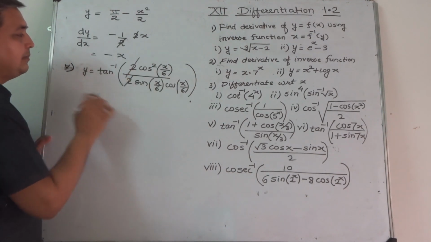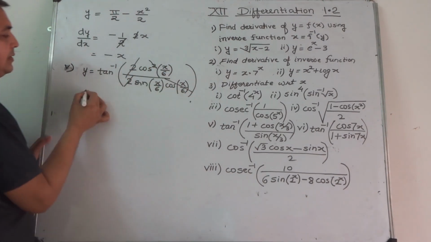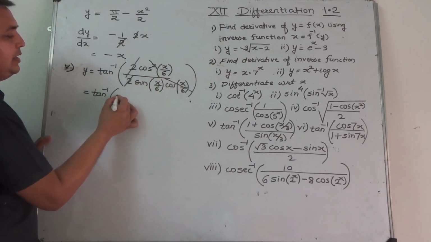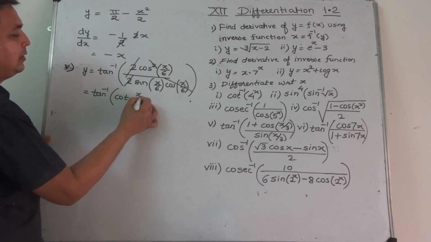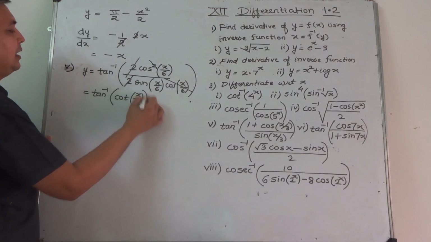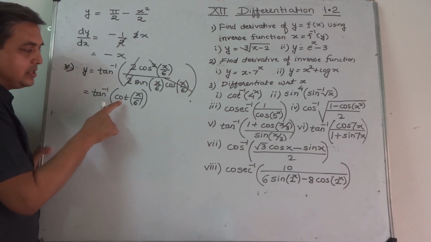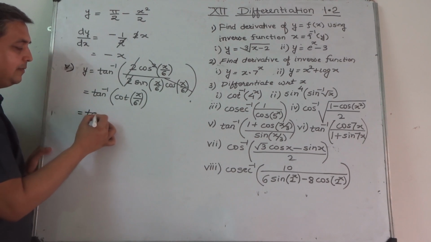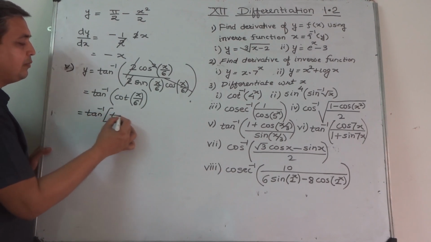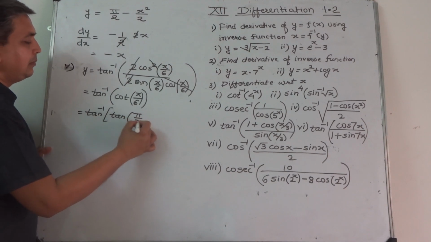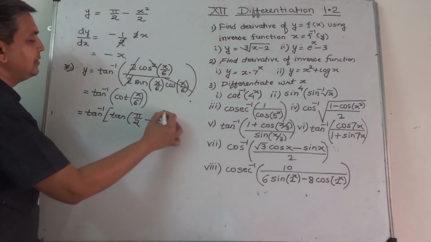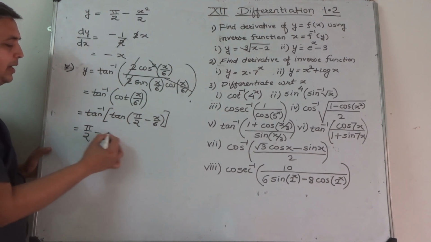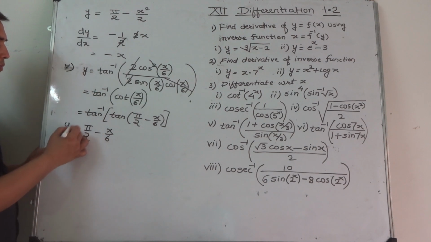This 2 gets cancelled, 1 cos gets cancelled, and we are left with tan inverse of cos upon sin, which is cot of x by 6. Again we see here this is tan inverse and this is cot. Can we convert this cot into tan, complementary function? So tan inverse of tan of pi by 2 minus x by 6. Tan inverse tan will get cancelled and we get pi by 2 minus x by 6. This is equal to y.